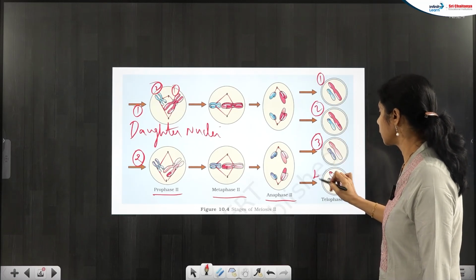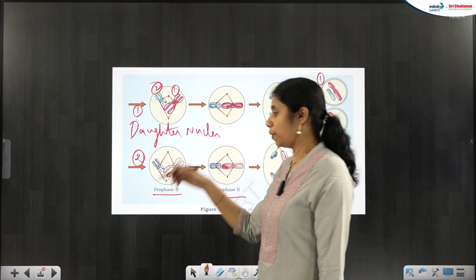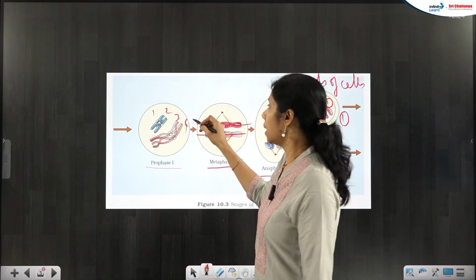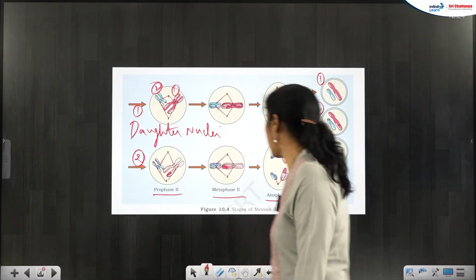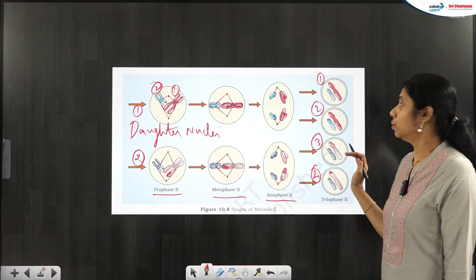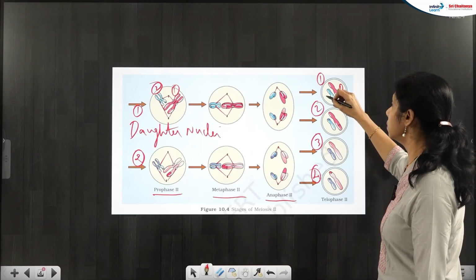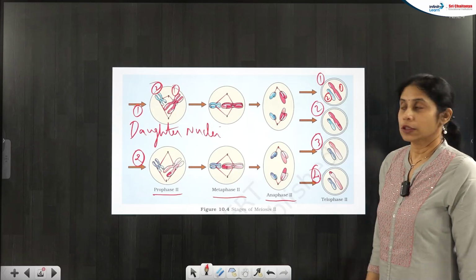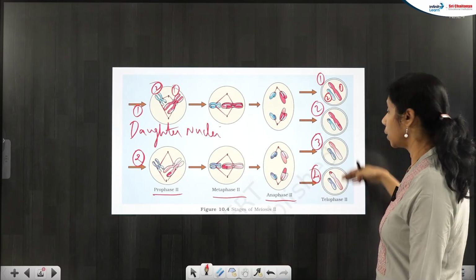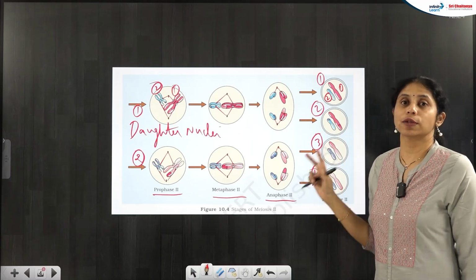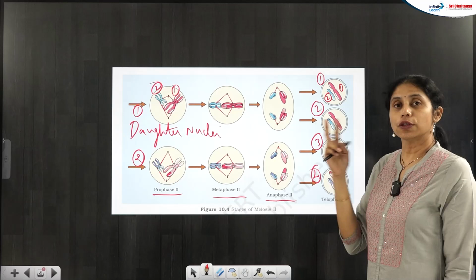If you see the earlier diagram, the parent cell had 4 chromosomes, but at the end of telophase 2 and cytokinesis 2, each cell has only 2 chromosomes. This is the reason why the 4 chromosomes have reduced to 2 chromosomes.